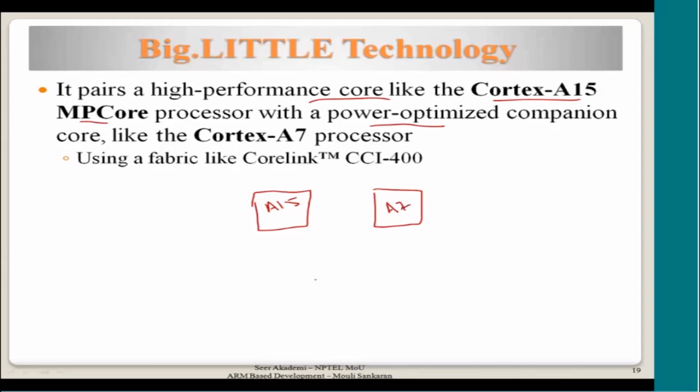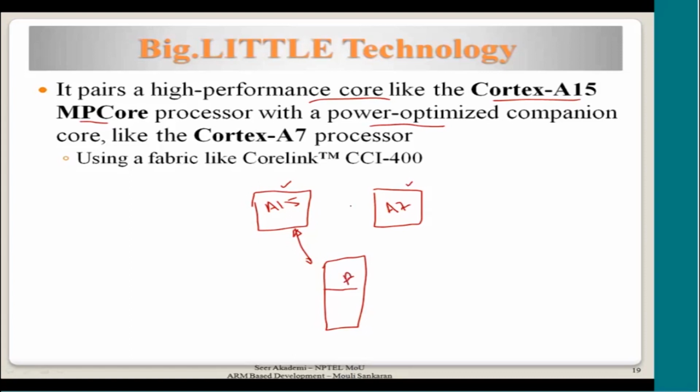Okay. Now, what is the advantage? Actually, when you are running a process, the OS running there knows which core is A15 and which is A7, and then it can optimize by choosing the right core for the right process or application.